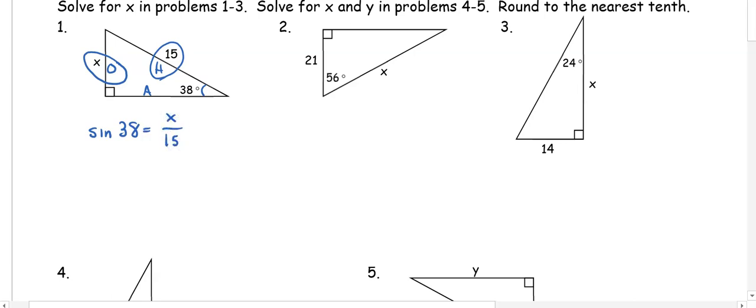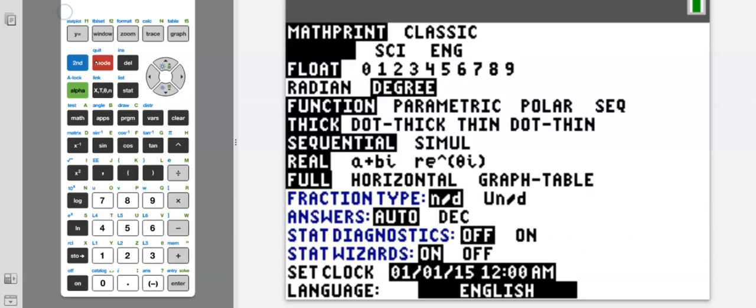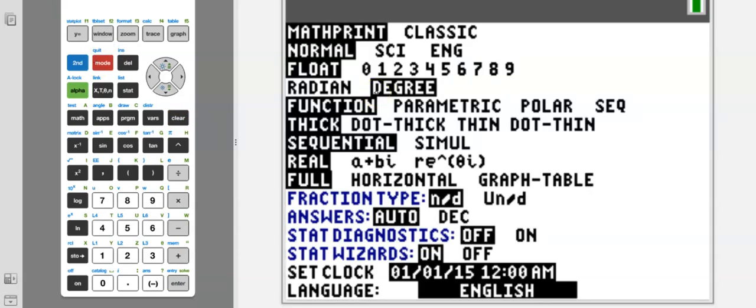Now, in order to get x, we are going to multiply by 15 so that we get the x by itself because these cancel out. 15 sine of 38 is equal to x. Now we go to our calculator. Make sure before you enter this in your calculator, you hit mode and make sure that the black box is around degree.